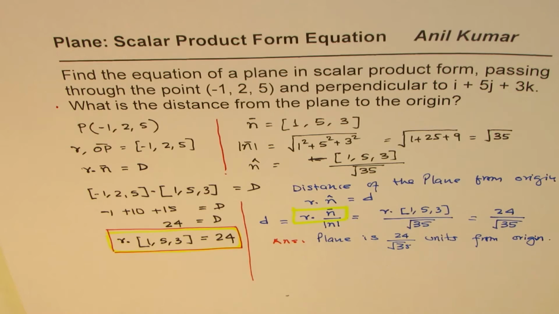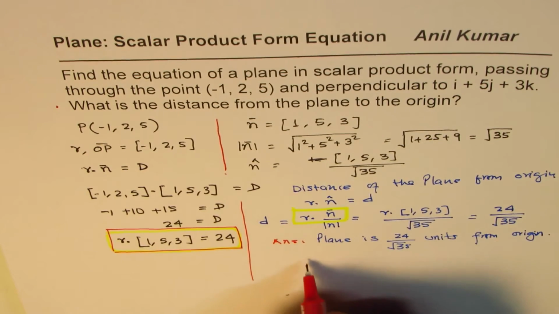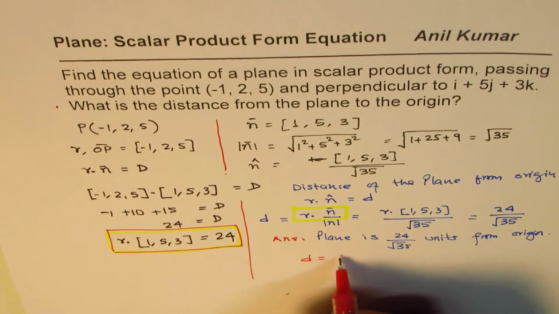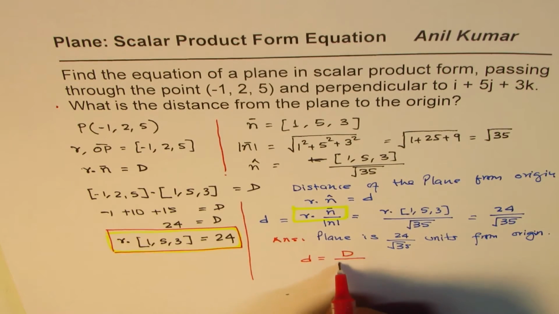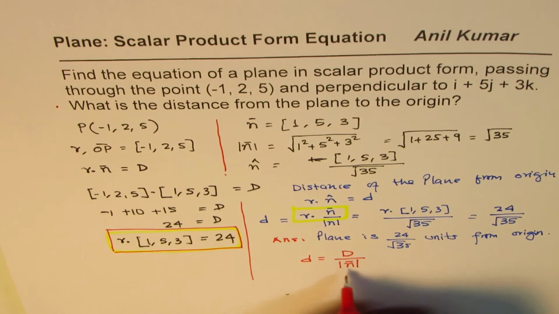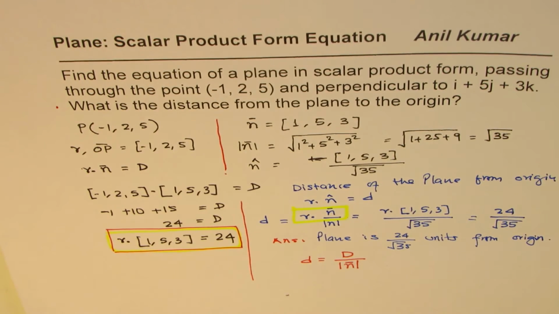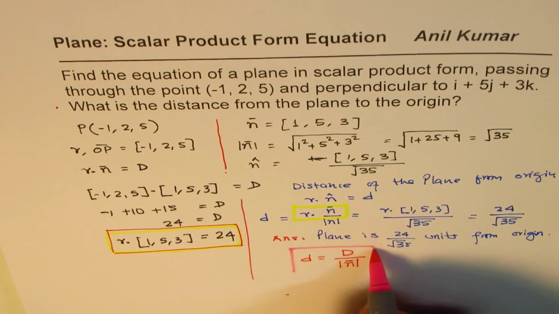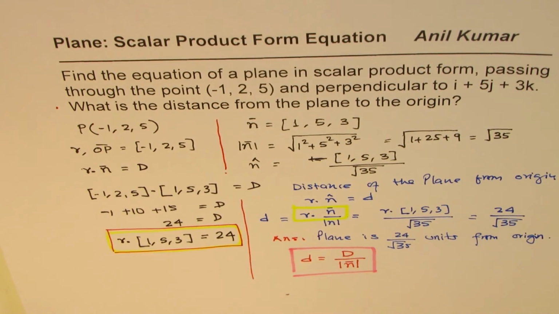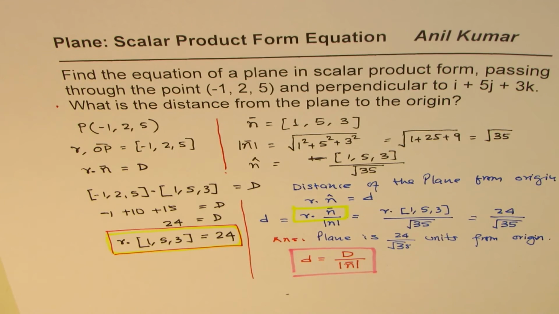Let me write down the relation which relates capital D with small d. Small d is basically capital D divided by the magnitude of the vector. Is it okay? Which relates the two. So this is a very important relation, and I hope you understand how it can be applied in different situations.